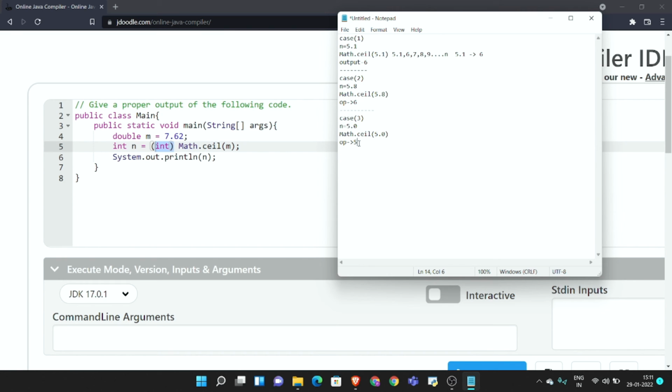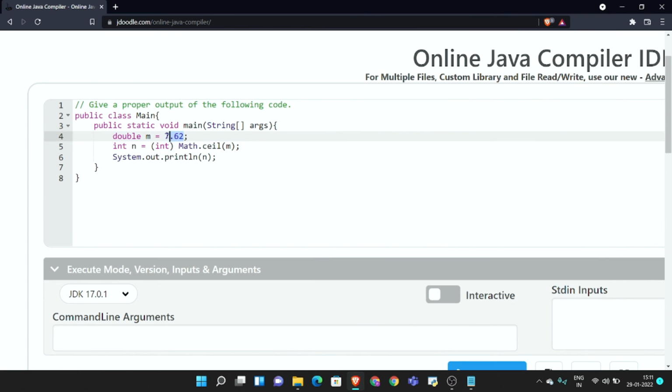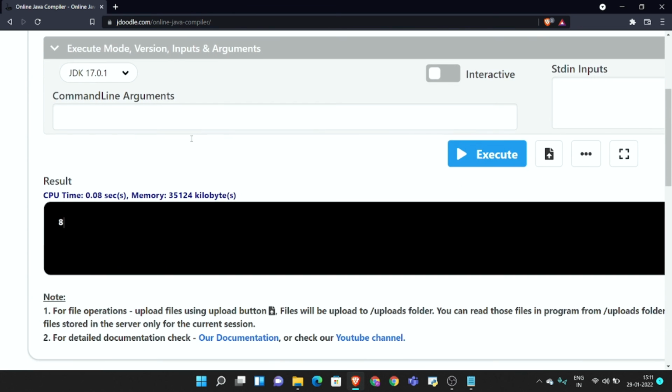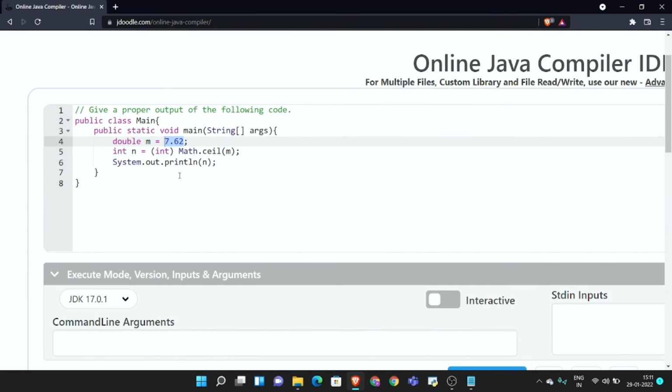So in much simpler words, math.ceil is a function that will provide a round-off value. Suppose in our case we took 7.62, right? What is the round-off number for that? 8. Yeah, we got 8, right? So remember that whatever the decimal point present after the integer, the output we're going to get is the next integer value.